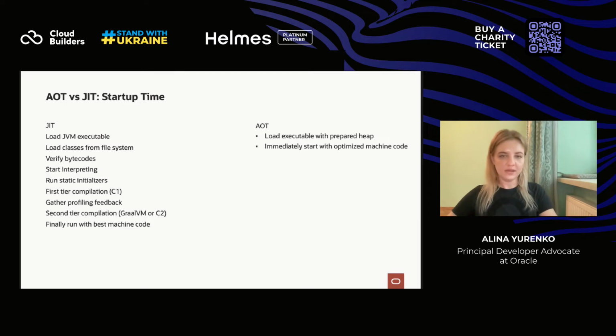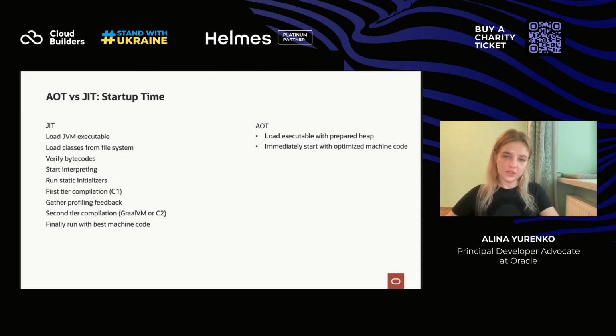So the JVM executable itself needs to be loaded. You need to start loading classes, interpreting, compiling, collecting profile information, then compiling with the top tier compiler. And then at some point when your application warms up, when all those operations have been performed and compilation has been done, you can run at some point with the most optimized compiled code.